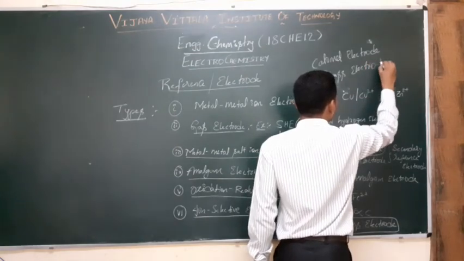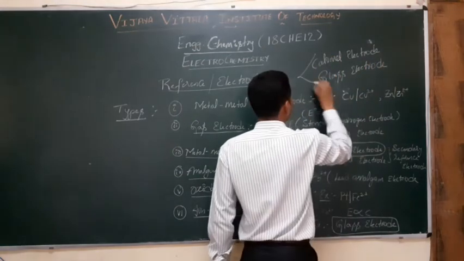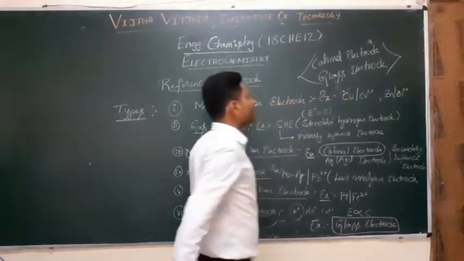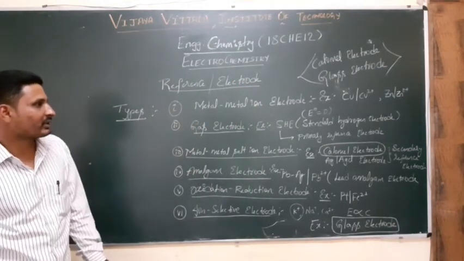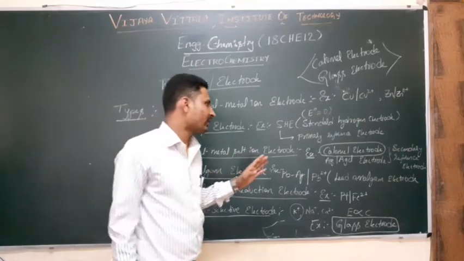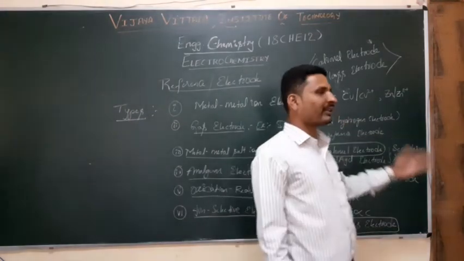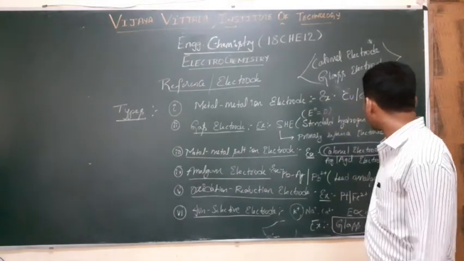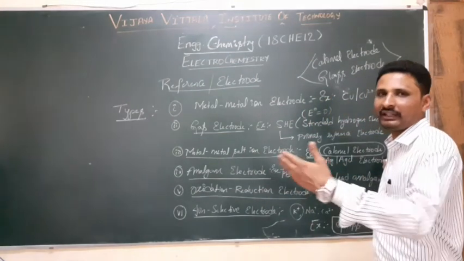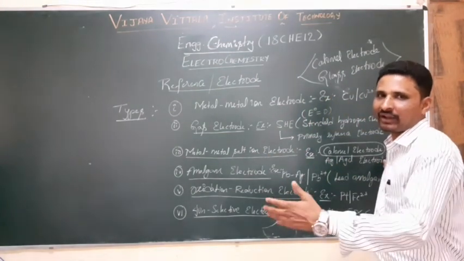These two electrodes we are going to study now. So these are the basic concepts. At least you should know what the primary reference electrode is and why we prefer the secondary reference electrode while determining metal ion concentration.